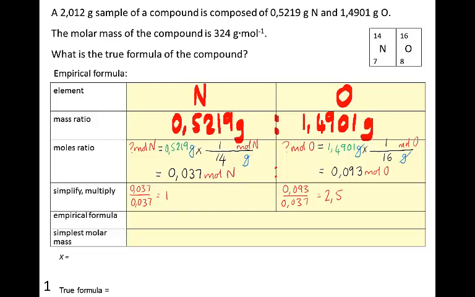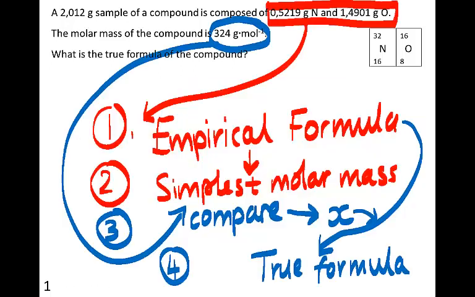So now we've converted this ratio, 0,037 is to 0,093, into a nicer format, but it's still not got only whole numbers in it. So now we need to multiply. We multiply everything by 2 to get rid of that fraction. 2,5 multiplied by 2 is 5, and obviously 1 times 2 is 2. And here we now have the empirical formula N2O5. So we've done the first step.